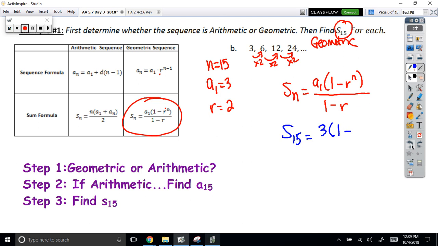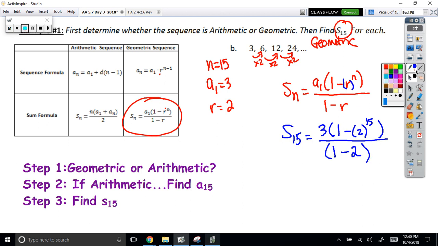So you might just want to always group it with parentheses to be safe. And then you can type that whole thing in your calculator. If you do, though, group the denominator so that you have everything grouped, and it'll get you your answer, which should be 98,301. But you also can do it piece by piece if you prefer.